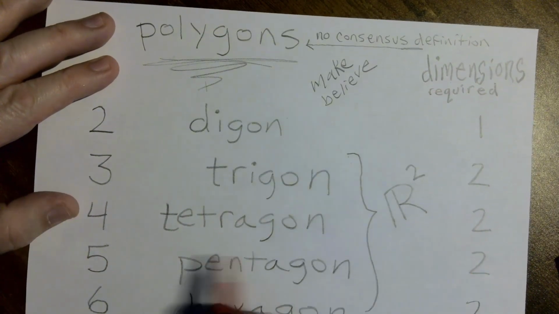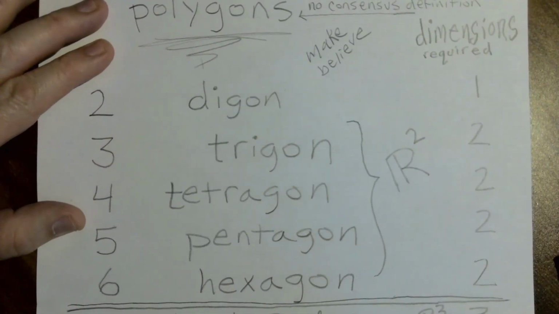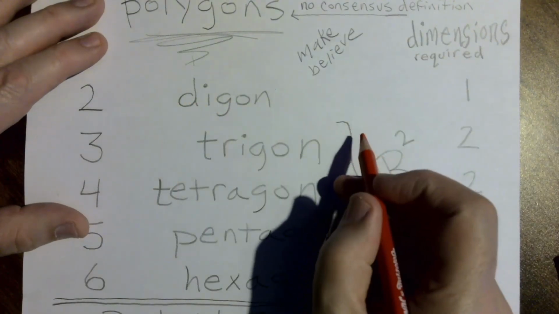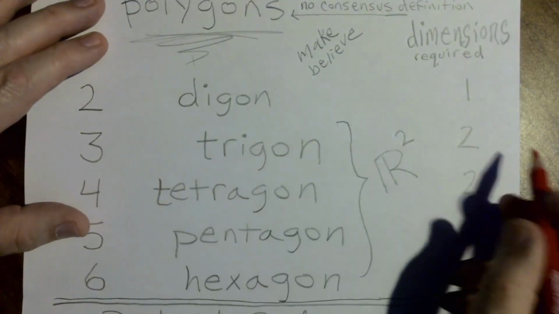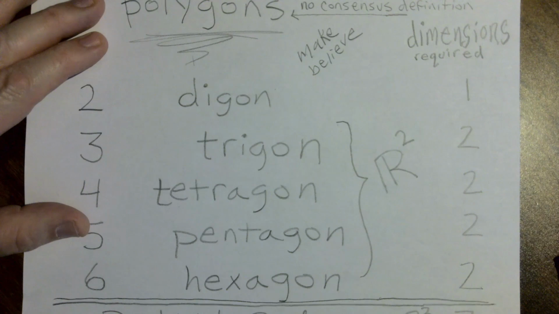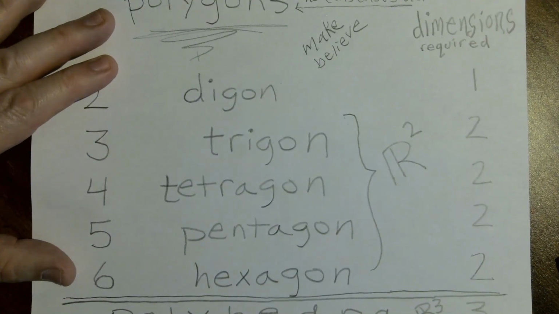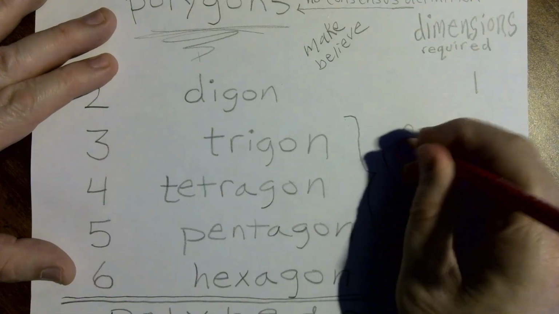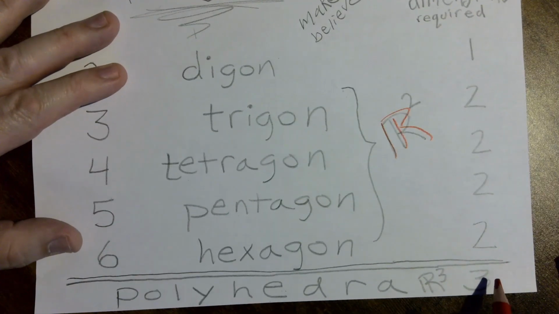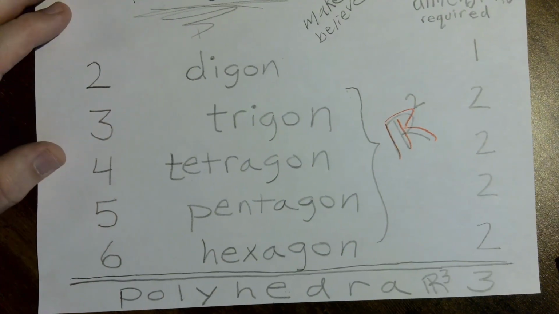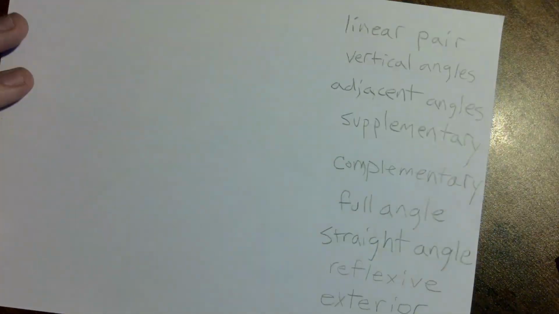Three sides, trigon, tetragon, pentagon, hexagon for six sides. We need one dimension for digon and two dimensions for trigon, tetragon, pentagon, hexagon, R2. You need three-dimensional Euclidean space if you want to talk about polyhedra. The polygon, not exactly defined.